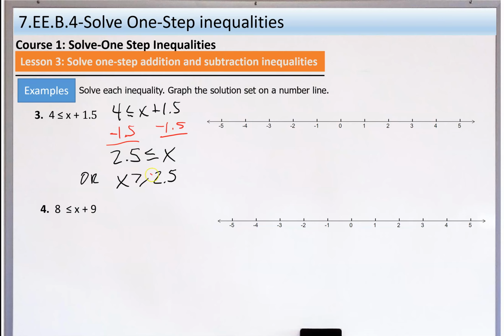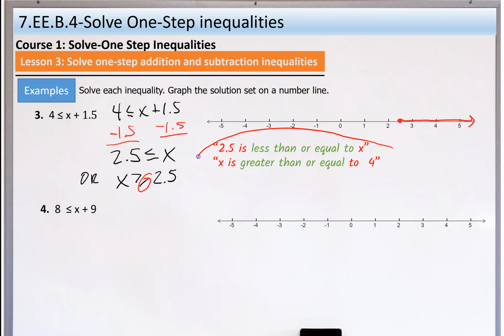Because I have an equal sign here, it's greater than or equal to, I have to put a full dot on 2 5/10, and x is greater than that. So remember, sometimes it's a lot easier to graph if you just switch the inequality around.